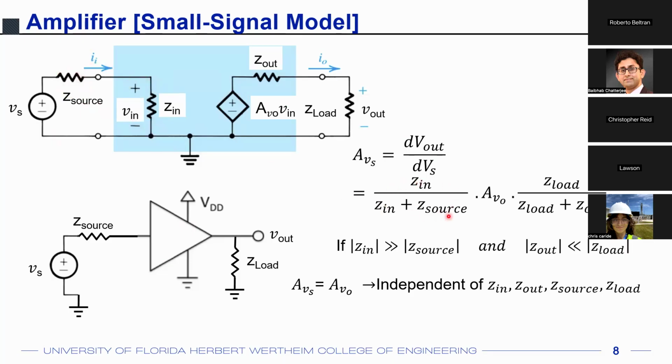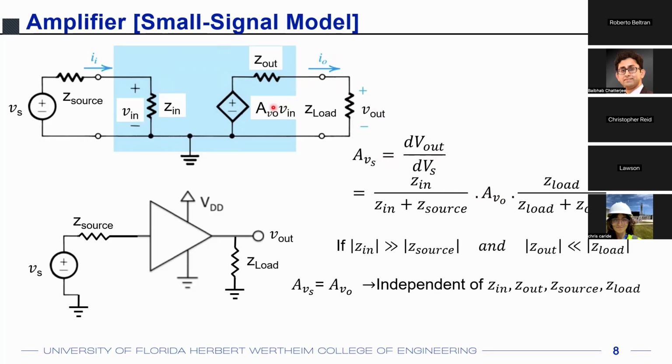You take care of that voltage division at the input side, multiplied with AVO, which is the gain of the op-amp, multiplied with a voltage division at the output side, because this dependent voltage source will also have a non-ideal series resistance, and then it will have a voltage division with the output Z load, the impedance connected as the load, right? So that's why you see this first term, which is a voltage division at the input, times the voltage gain of the amplifier, times the voltage division at the output. That becomes the overall voltage gain of the entire system.